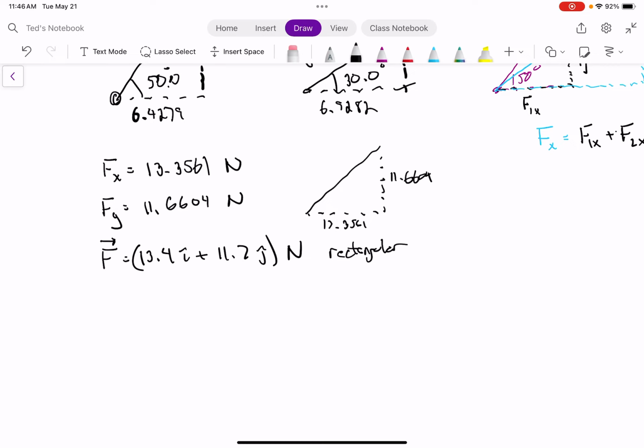And so I can find two things. I can find the angle, which is the inverse tangent of opposite over adjacent. So 11.6604 divided by 13.3561 gives me an angle of basically 41 degrees.